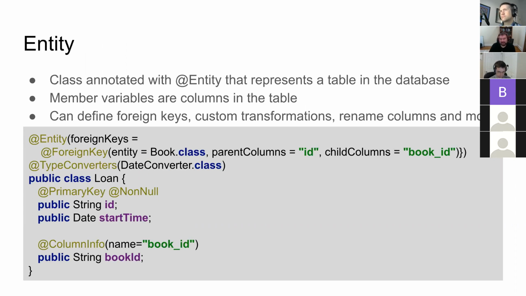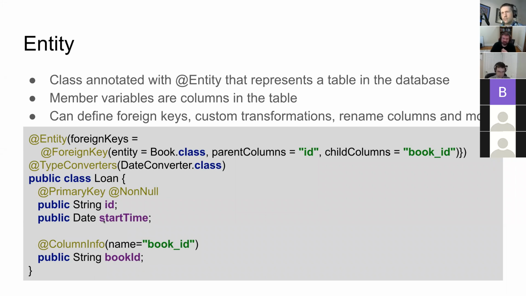Entities are objects that are annotated with Entity, and like I said before, they represent tables in the database, and each of the member variables are columns in the table. So for example, this class Loan has a string ID that's going to map to some kind of text field in the database, and then it has a date, start time.